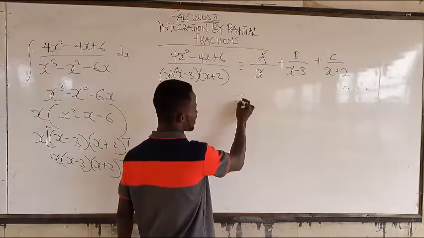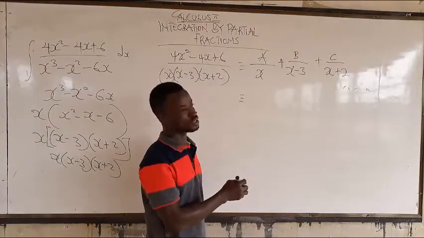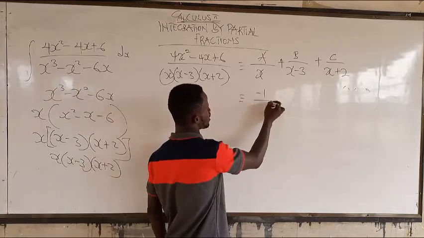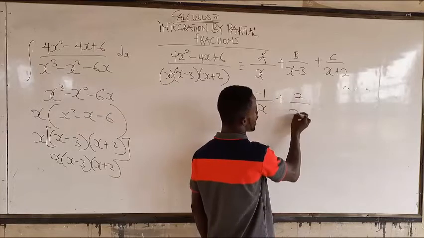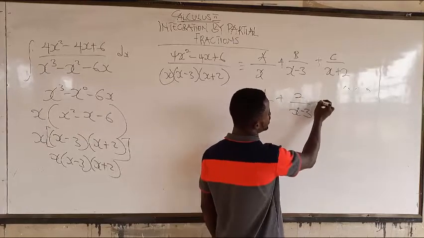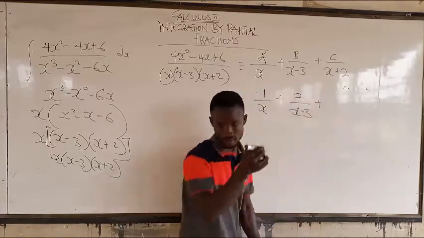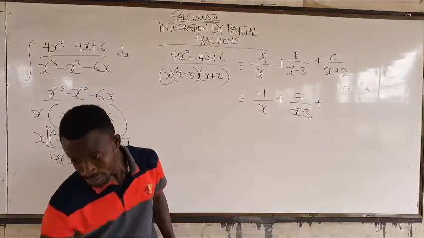So we now come back and rewrite that A is negative 1 over x plus, B is 2 over x minus 3, and C is 3.